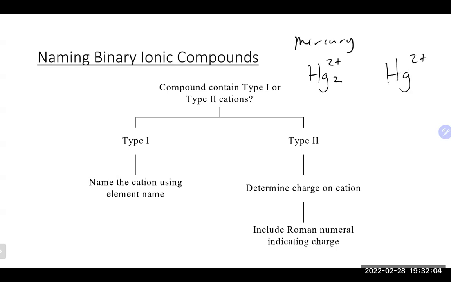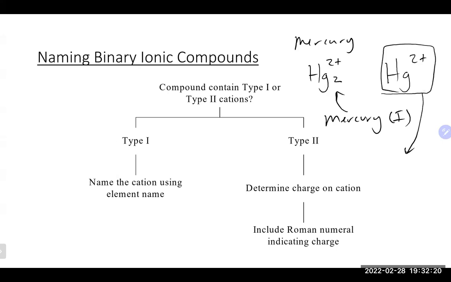As odd as it may sound, this is actually mercury 1. It's a dimer. It's actually 2 mercury 1s together, which is why there's a 2 on the bottom and the 2 on the top. Oddly, the one that has just the 2+ is mercury 2. So that's a weird one that you sometimes come across. How do you tell the difference between them is that 2 will oftentimes still hang around.